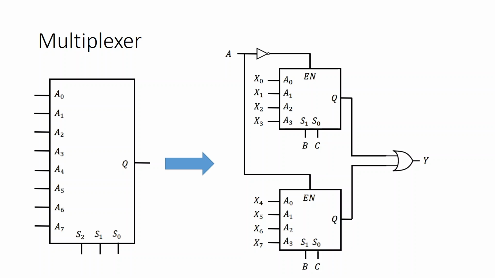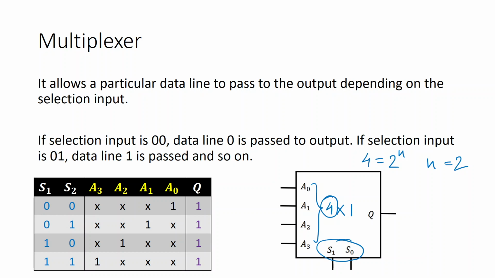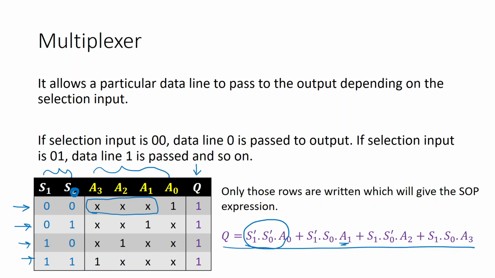Next, in the same manner, you can also have an 8x1 mux. The operation will be the same. You can draw up the truth table, very simple to write down the truth table of the 8x1 mux. But your expression would be a longer one.